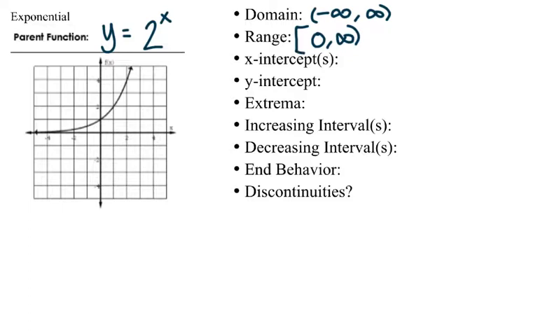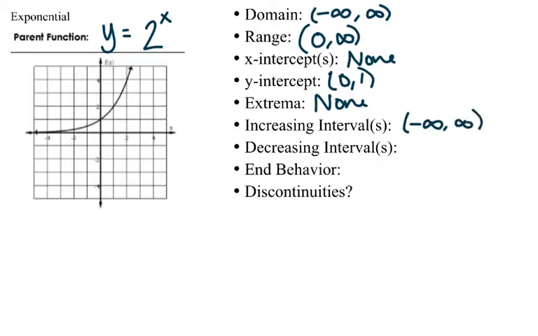Your x-intercept's none. Okay, I changed my mind about this. Let's just do a parenthesis, because you're never going to hit the x-axis. That's right. Y-intercept, this one hits at (0, 1). Extrema, none. It's always going to be increasing, so it's never going to be decreasing. We're going to skip end behavior. This one does not have any breaks or holes in the graph.